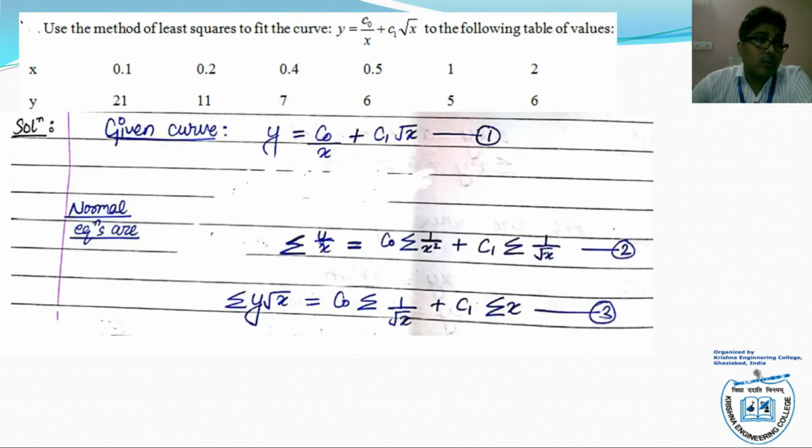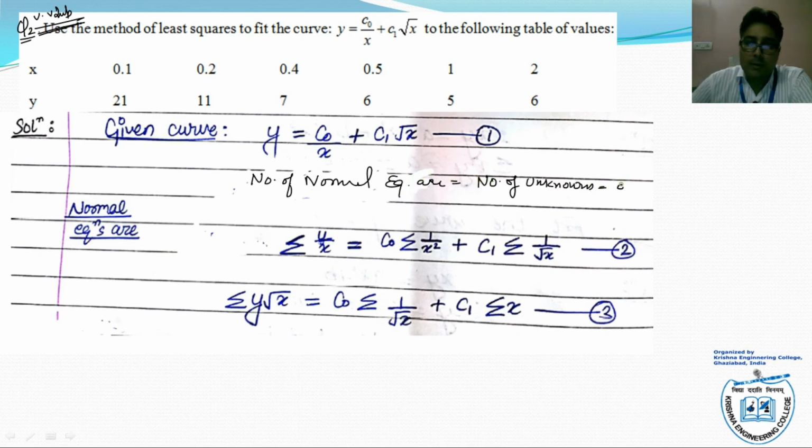Now next question. This is a very, very important problem which is asked in your exam many times. Fit the curve. The given curve is y is equal to c naught upon x plus c1 under root x to the following data. So here the number of normal equations is the number of unknowns, 2.